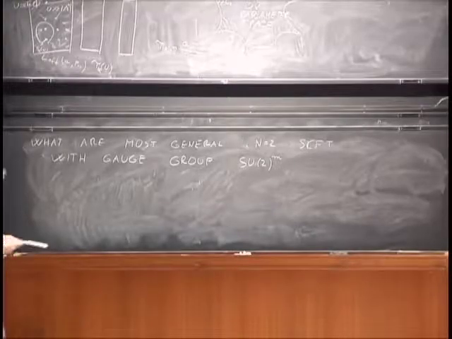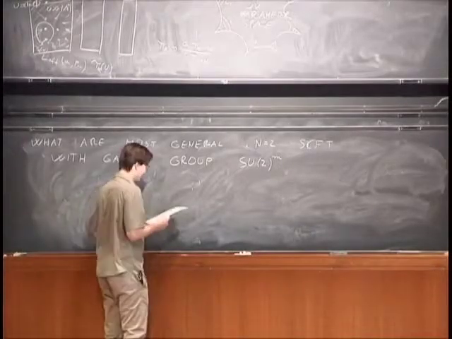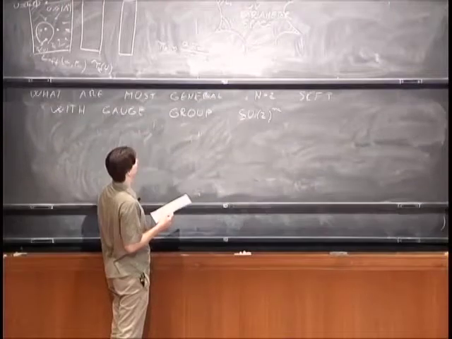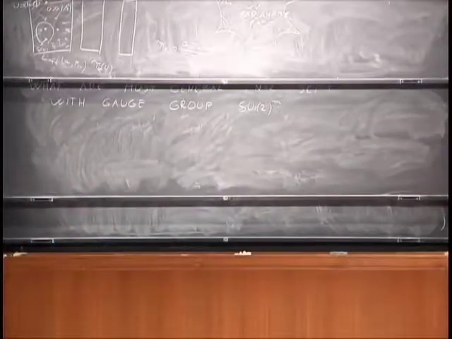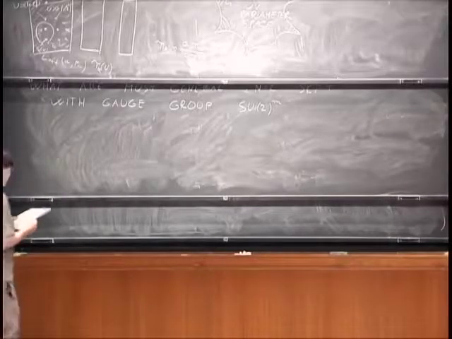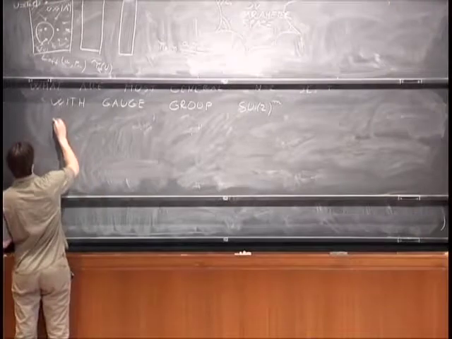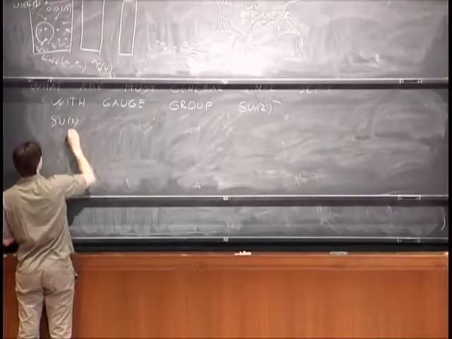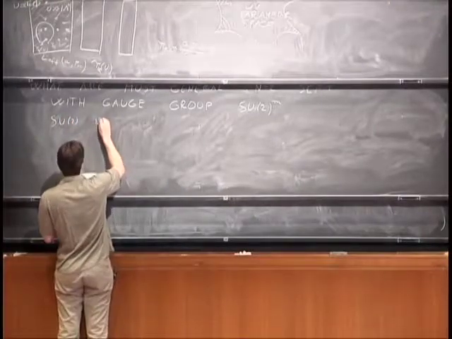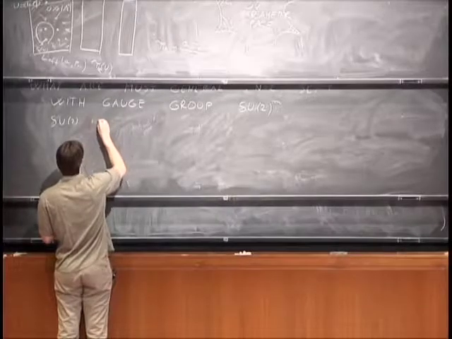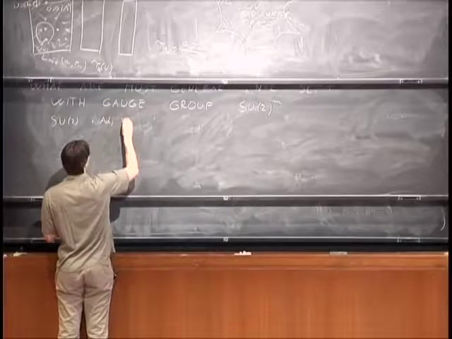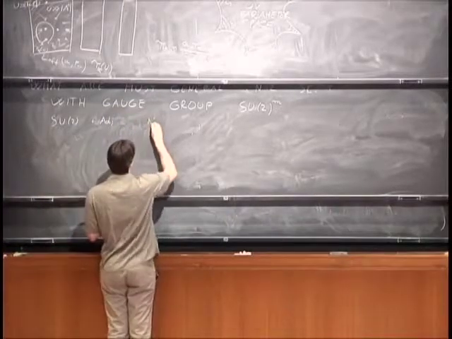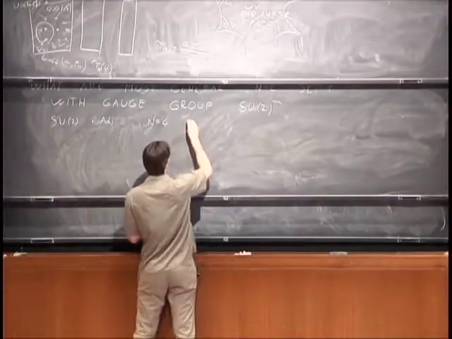Okay, so let's write down some examples of a gauge theory with an SU(2) gauge group which has a marginal coupling. The canonical example is SU(2) with an adjoint, and this is the N=4 supersymmetric gauge theory.